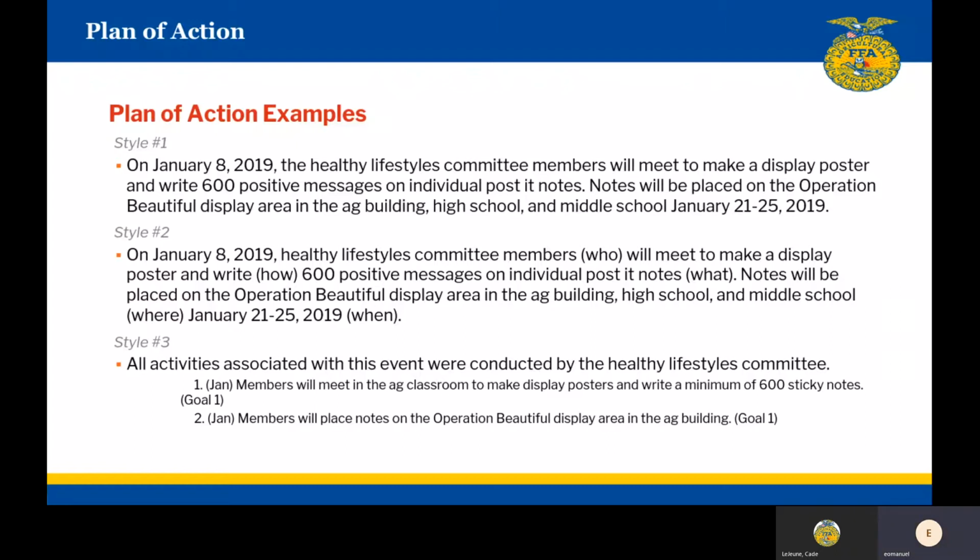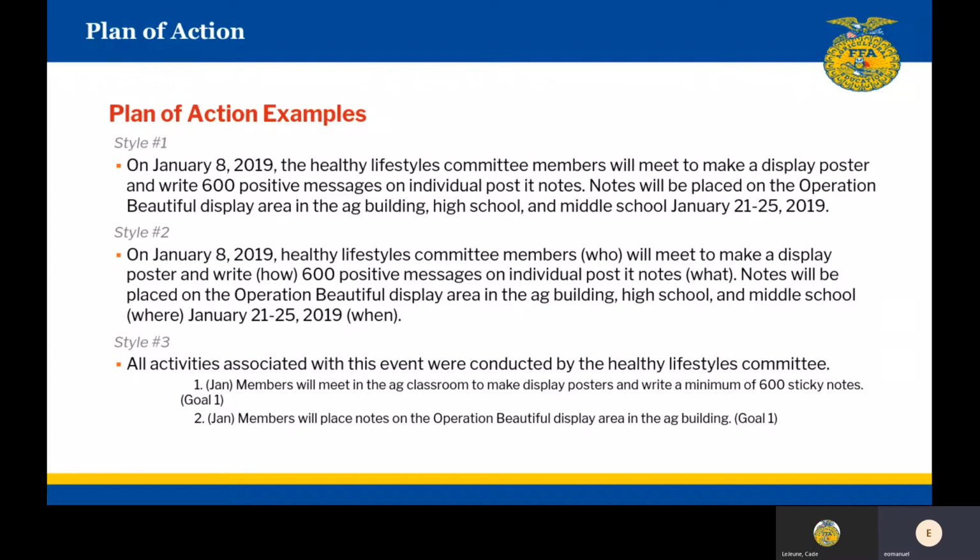That last style is the way that I have always done my plan of action in the past. And that's the way that I learned to do it. It's kind of like the old style now. You put the month in parentheses and then what your first step is, and then step 2 and the month that you're going to do it in, and then what your step was to meet your SMART goal.